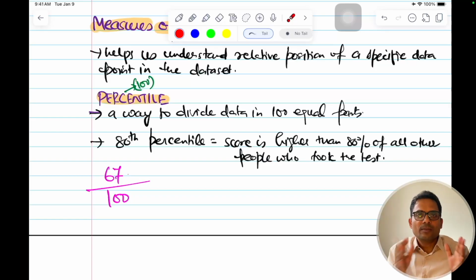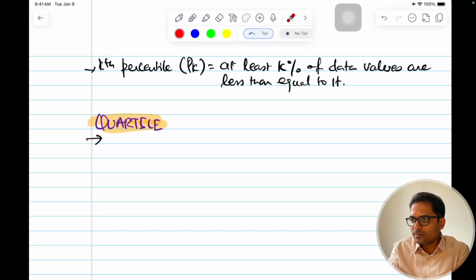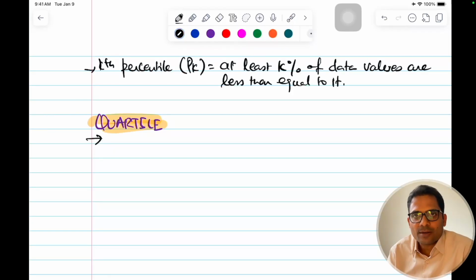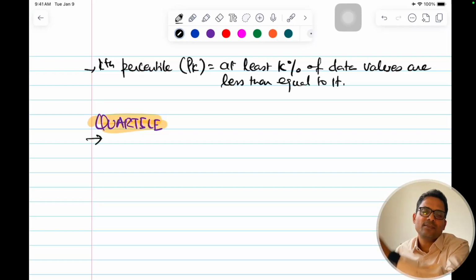Similarly, quartiles divide the data into 4 parts, and I lie in one of those parts. So these are again percentiles, special percentiles. If you divide the complete thing into 4 parts, each quarter would be 25, 25, 25, 25: the 25th percentile, then 25 to 50 percentile, 50 to 75, and 75 to 100. These are the 4 parts, the 4 quarters, or quartiles. I hope that is clear.